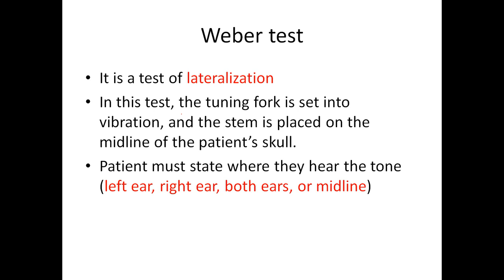Now we are placing the tuning fork on the midline of the patient's skull or forehead. Now the instruction given to the client is to state where he or she hears the tone. That is in the left ear or the right ear or in both ears or midline. So we need to say all the possible options that he may hear.